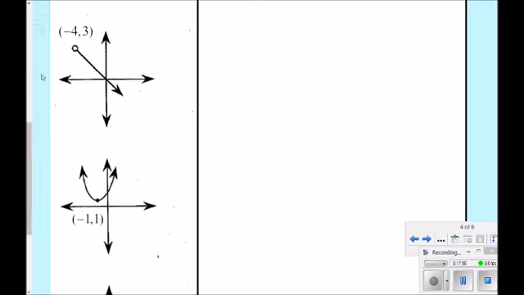So this time we have a ray. The point on the left is open and it's -4, 3, then an arrow pointing down. So if I'm looking for domain, I'm looking left to right. The leftmost point, first of all, let me put my x, my inequality symbols. Furthest to the left is -4. And furthest to the right, this arrow continues to go in the right direction.